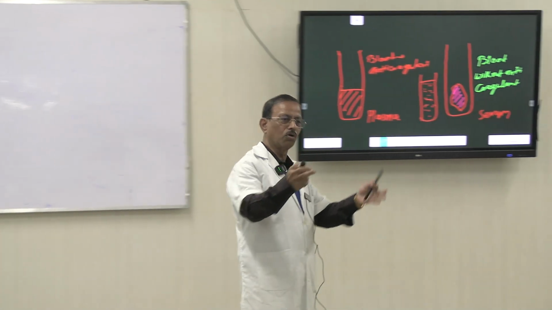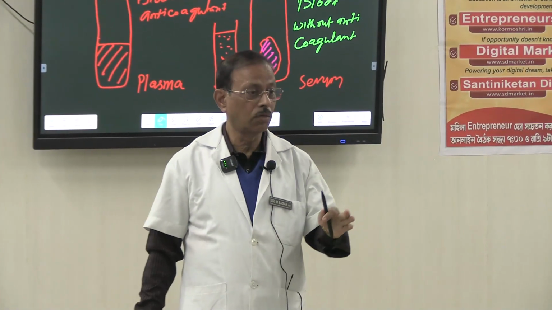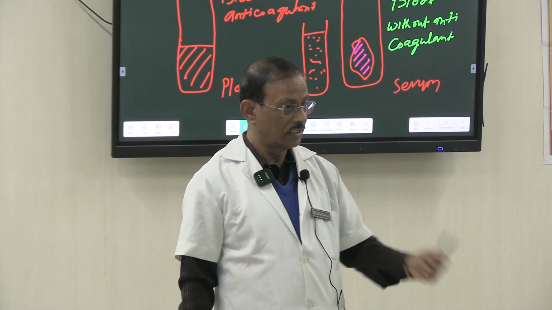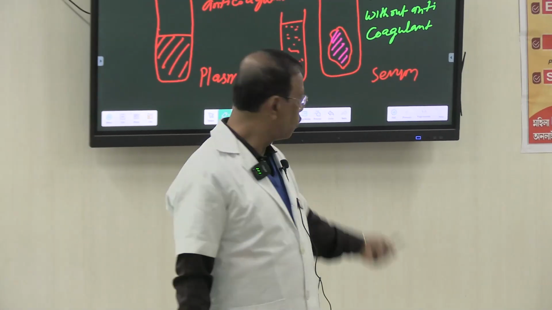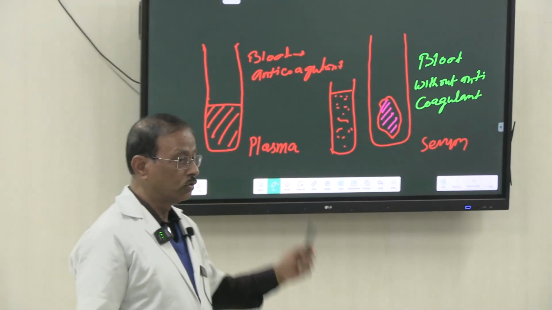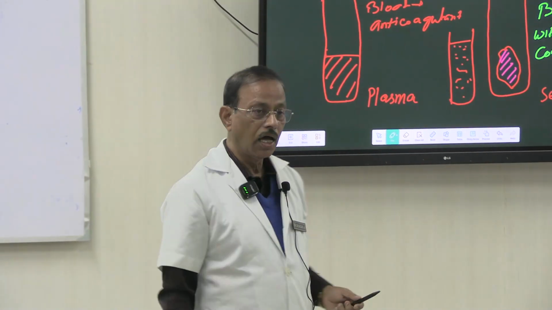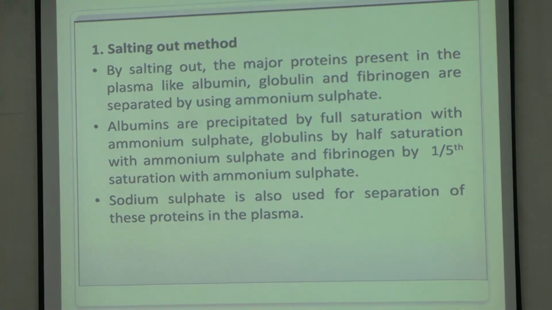No matter if you are wrong also. Serum is not without protein; serum is with protein only. But one is not there. Serum has consumed the fibrinogen. Fibrin clots are there, so fibrinogen has been consumed. So we are going to separate albumin, globulin, fibrinogen. So the sample will be your plasma.